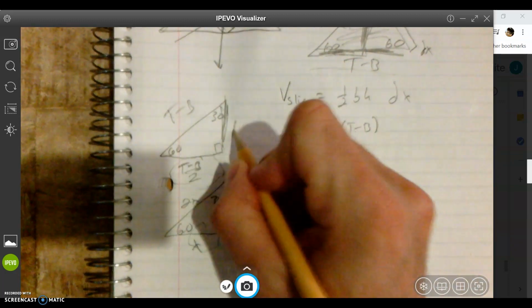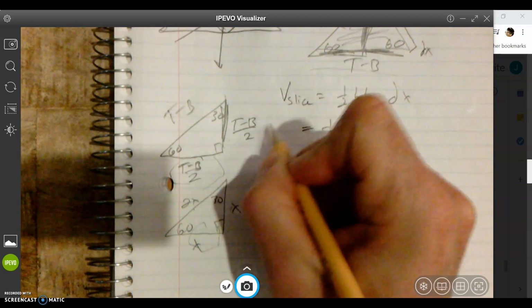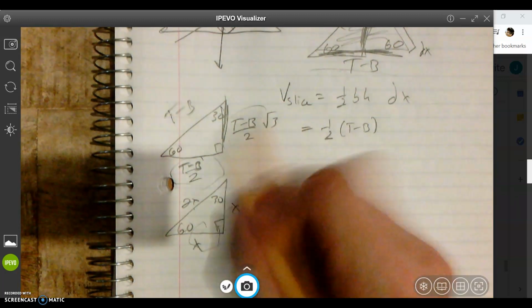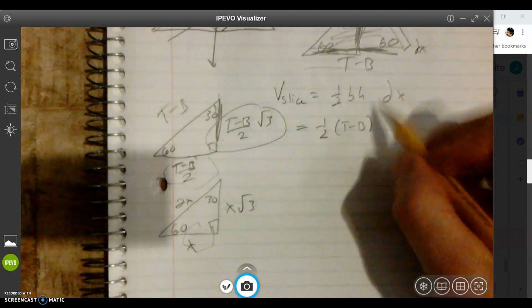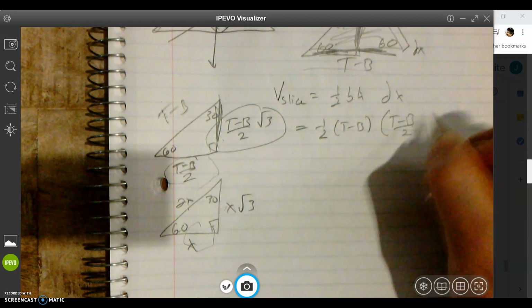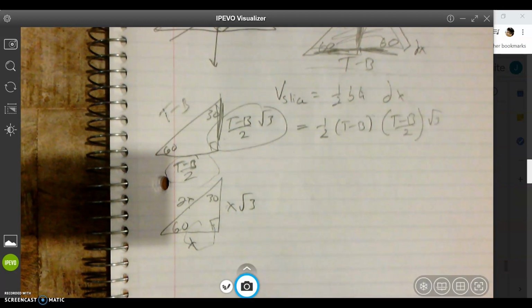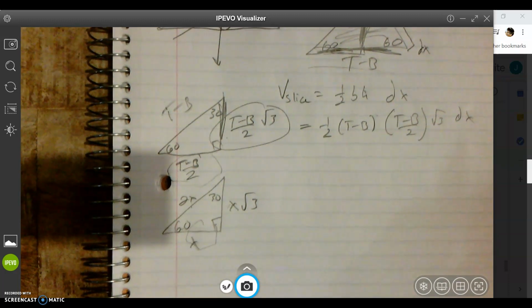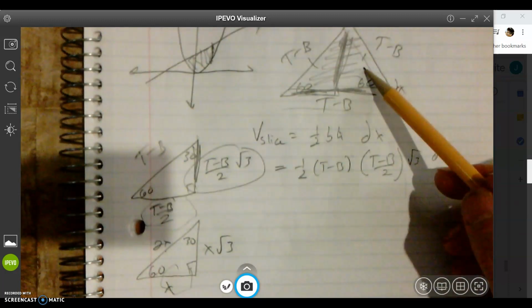So in this case, it's going to be top minus bottom divided by 2 times radical 3, because that is x. Boom. So my height is top minus bottom divided by 2 times radical 3, dx. There you go. And that's the volume of one slice.